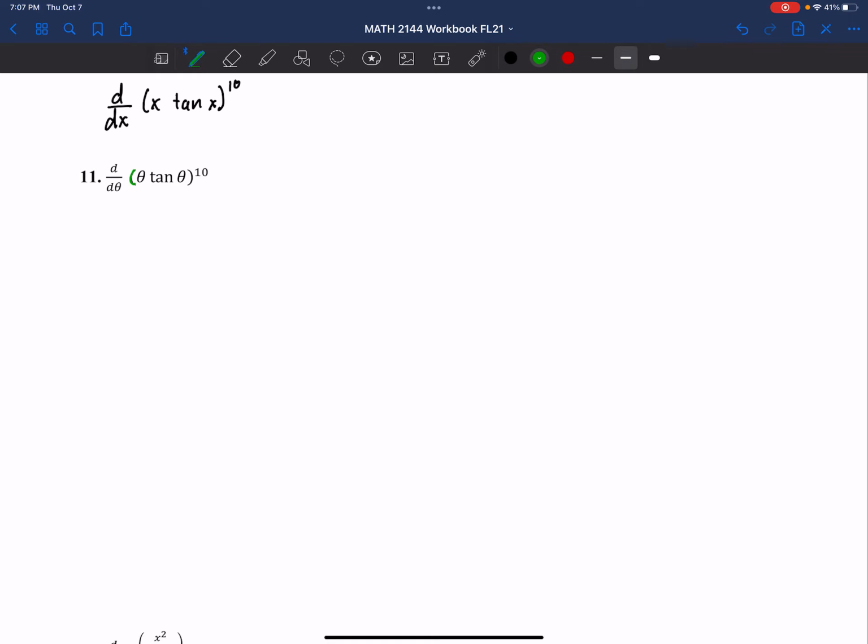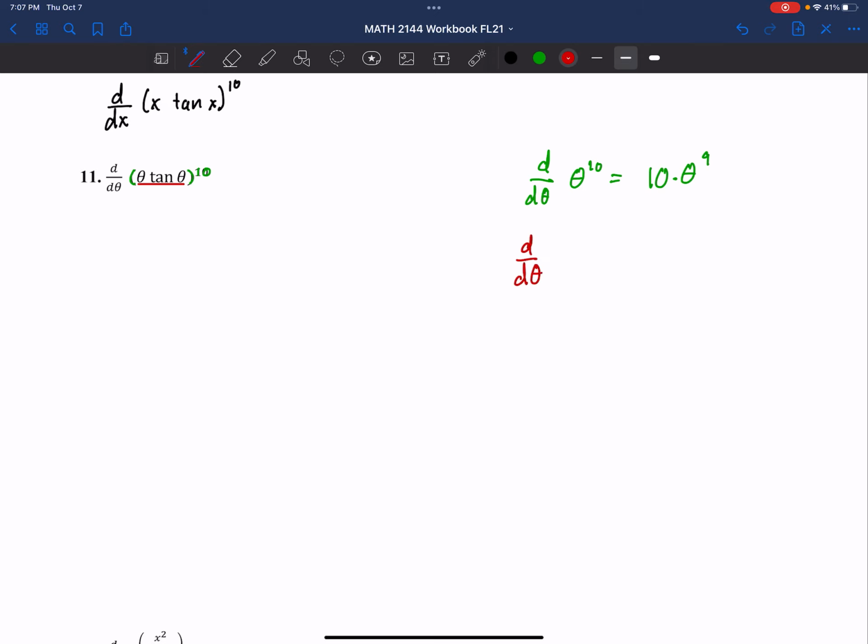So our outer function right here is going to be the power function, x to the 10 or theta to the 10. So just to get used to dealing with theta, I'm going to take the derivative of theta to the 10th, which is going to give 10 times theta to the 9th. And then our inner function is going to be this theta times tangent of theta.